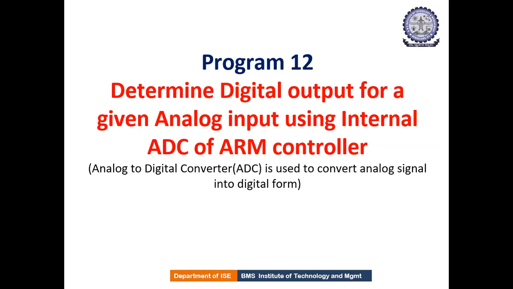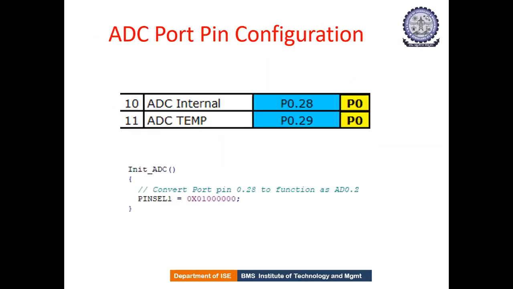Then we will see how exactly it has been implemented. The pin which has been connected on our particular kit is ADC, connected to P0.28. There are two pins, ADC internal and ADC temperature. We are making use of ADC internal only, where the variable register is connected.